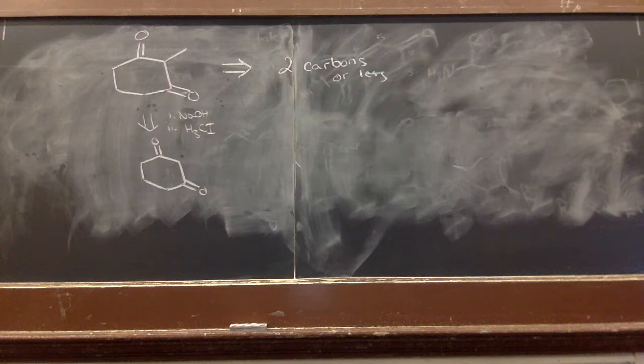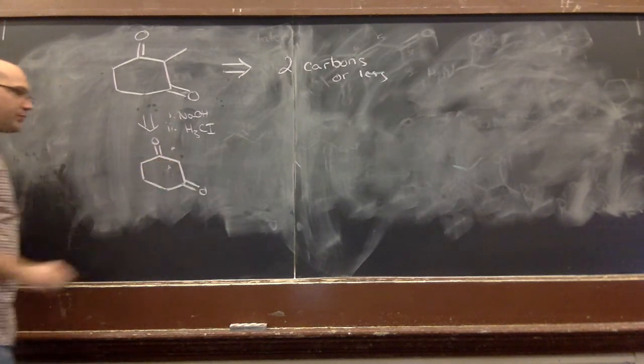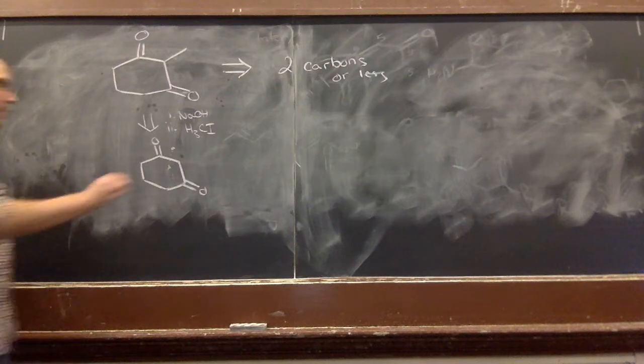Say that again? Yes, exactly, the Dieckmann condensation. And again, the Dieckmann is a great way to make 1,3 diketones. It doesn't matter which one we choose, it's symmetric, but you can identify that nucleophile, shown right there.